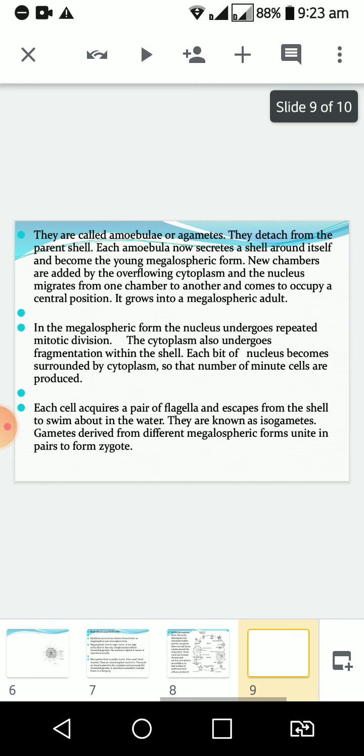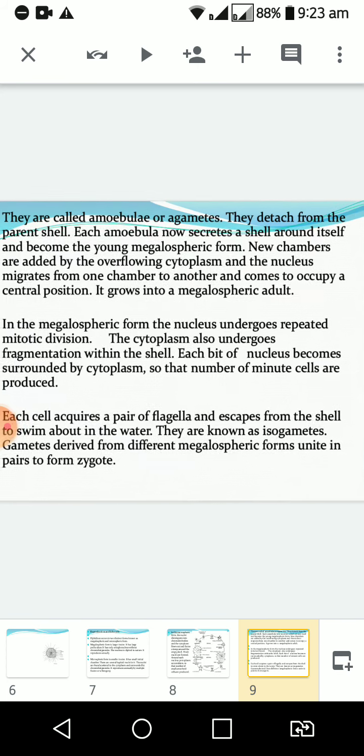These small amoeboid cells we call amoebulae, or they are also called agametes.